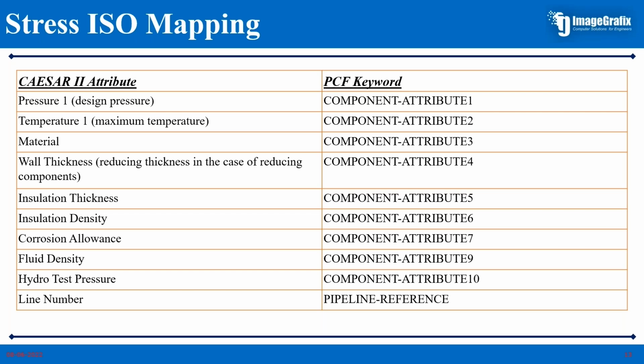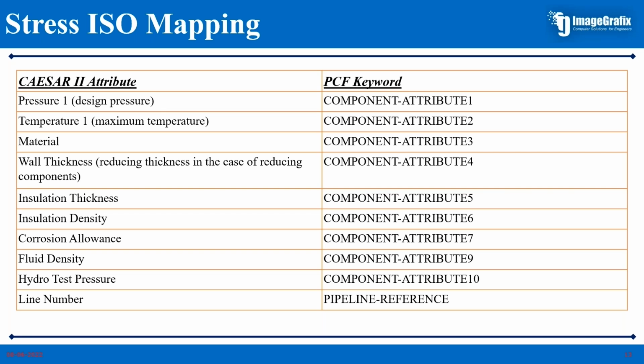When I go for PCF mapping, whether I go for my basic PCF import or the advanced PCF import, I have two types of PCF mappings. One is called Stress ISO PCF mapping. The other one is called Super ISO PCF mapping. Since CADWorx and CAESAR II were all coming under a single family, from COADE till now Hexagon, the Super PCF will hold good for CADWorx to CAESAR II.